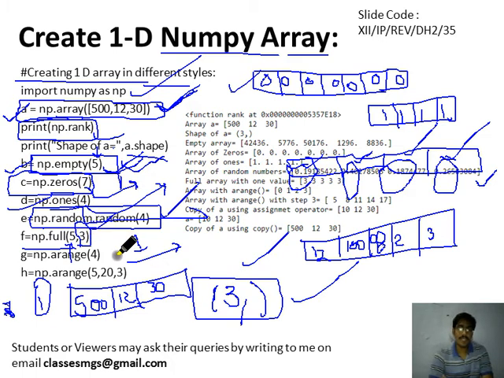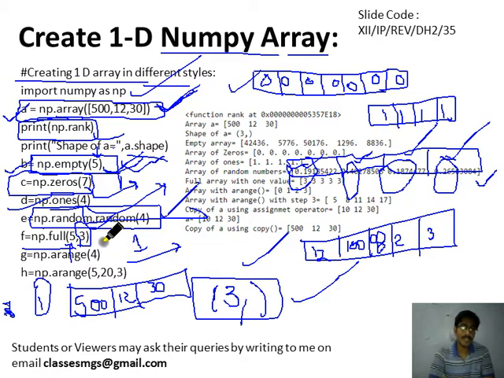Let me give you a brainstorming question. You need to just comment on this video how you would create a one-dimensional numpy array with all the values 1, but without using the np.ones method.